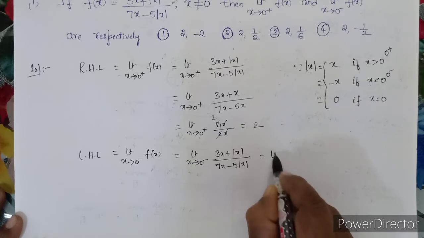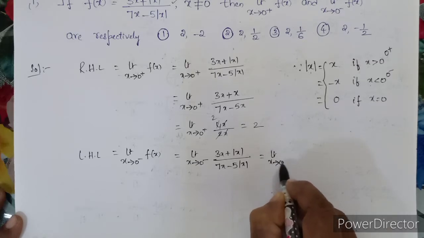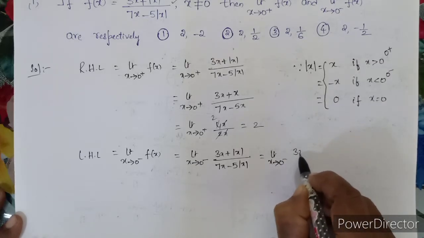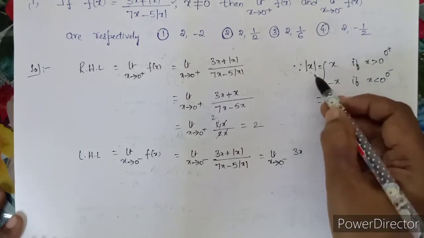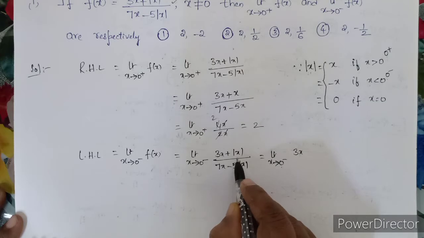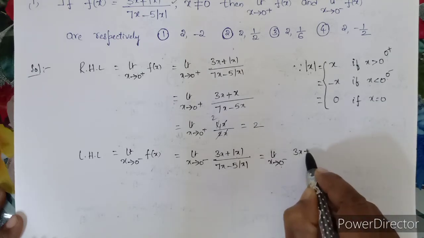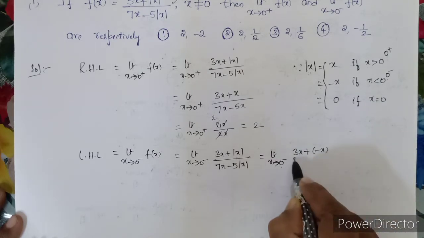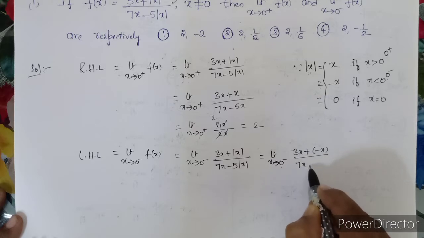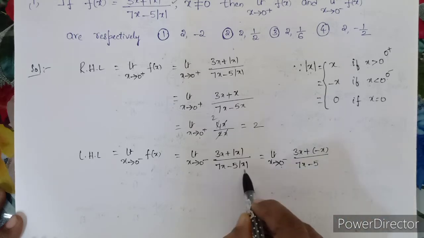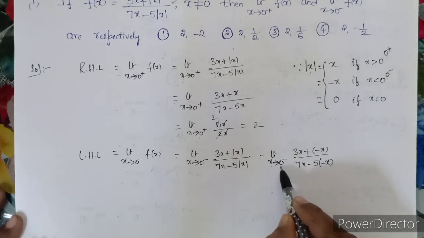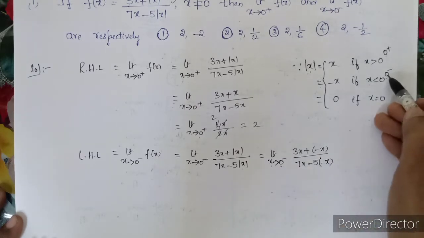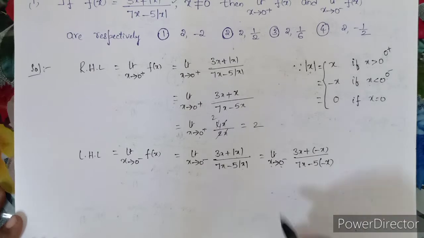If x is in the negative neighborhood of 0, we write mod x as minus x. So we should write this as 3x plus minus x by 7x minus 5 into minus x, because x tends to 0 minus.